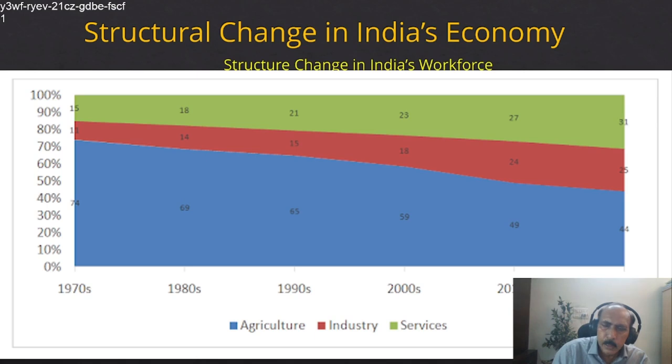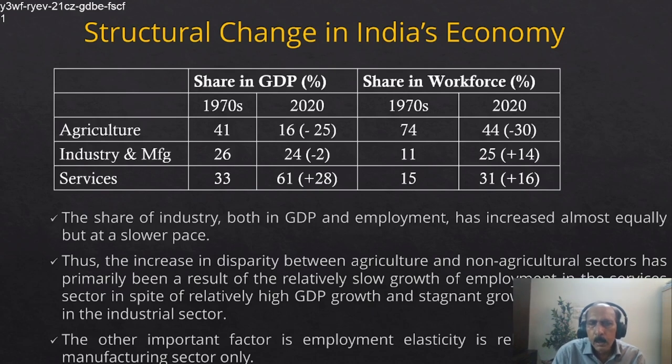It means the occupational distribution of the country has not been commensurate with the changing composition of the GDP.